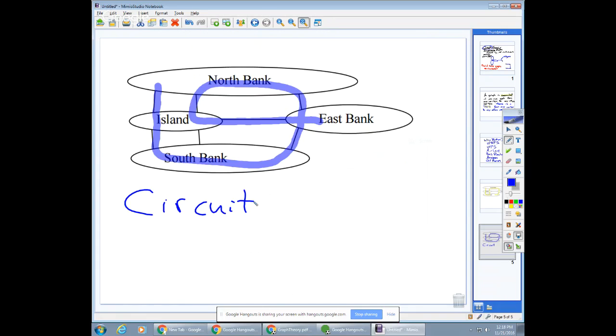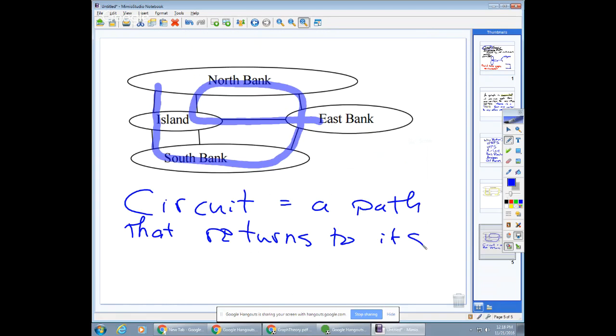A circuit is where you hit every vertex and get back to the starting point. A circuit is just making a path that returns to its origin, whereas a path is just getting from one place to another.